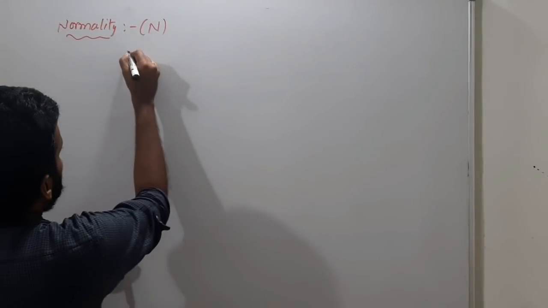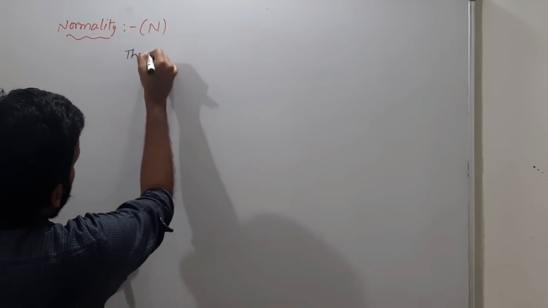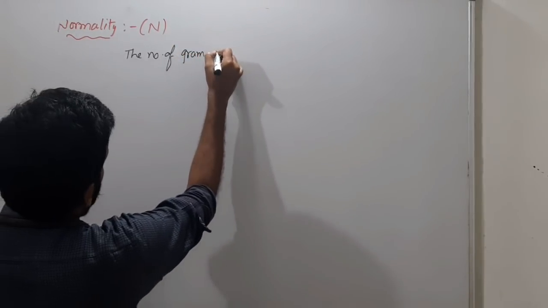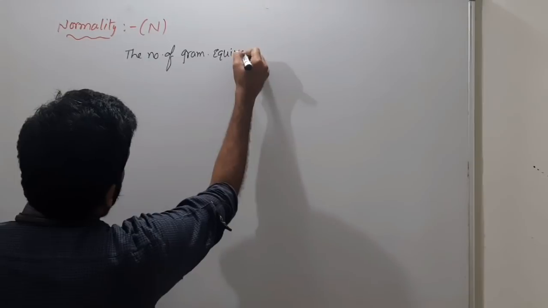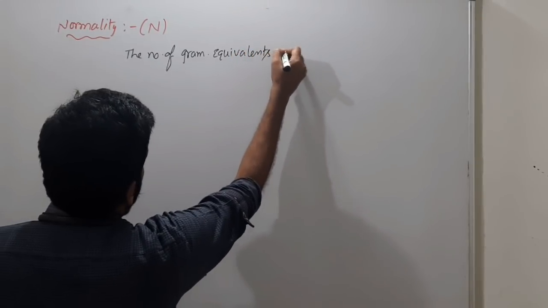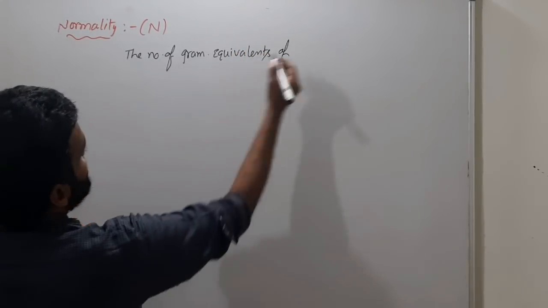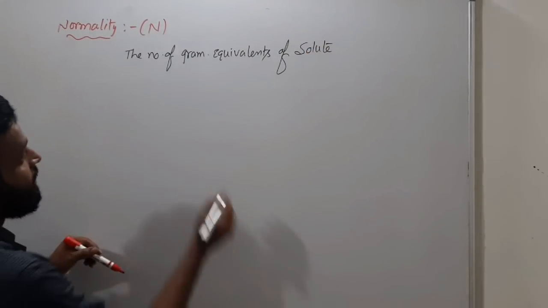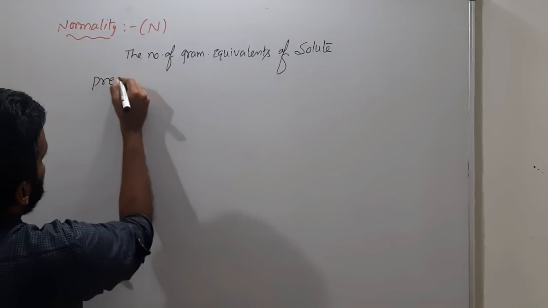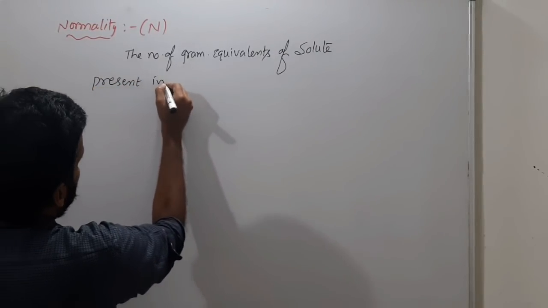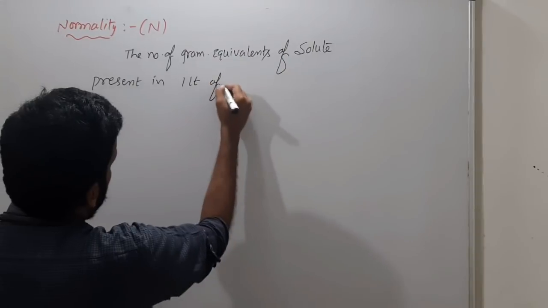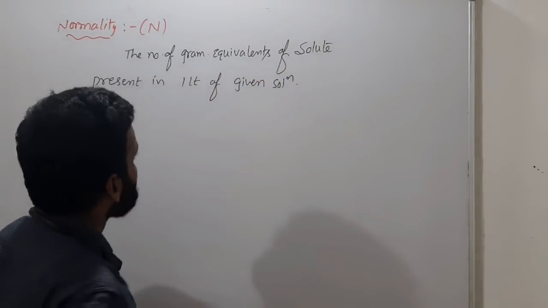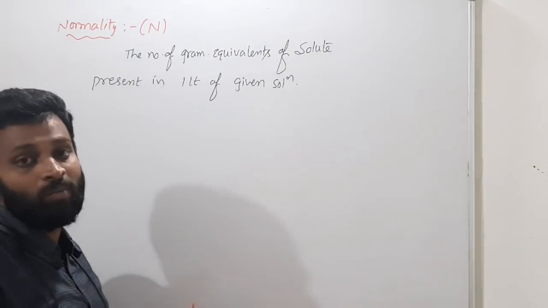So the definition: the number of gram equivalents of solute present in 1 liter of given solution. This is the definition for normality.